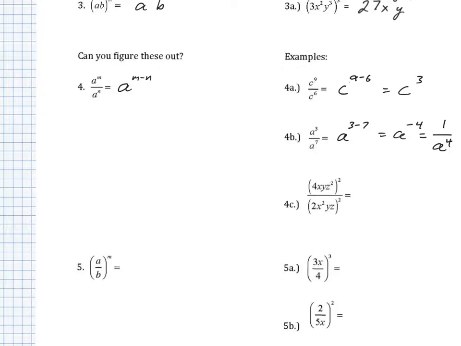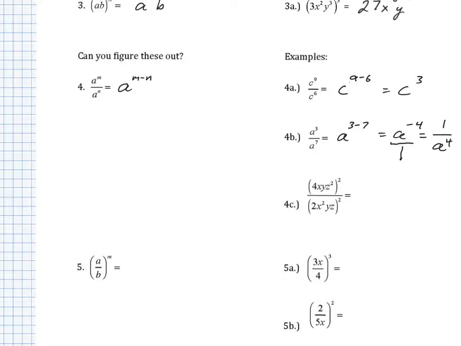So it's worth noting that to get rid of the negative sign, what we need to do is invert it. And invert means to flip. If you recall, any number can be expressed as over 1.